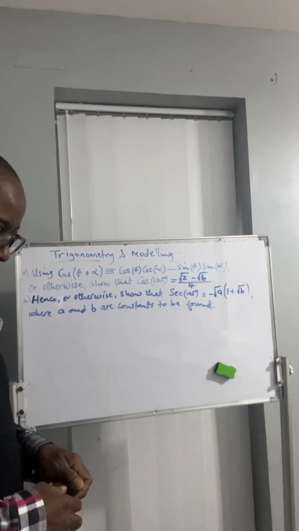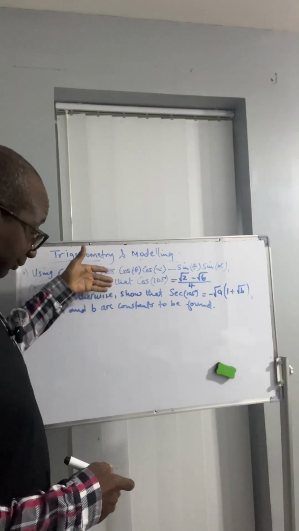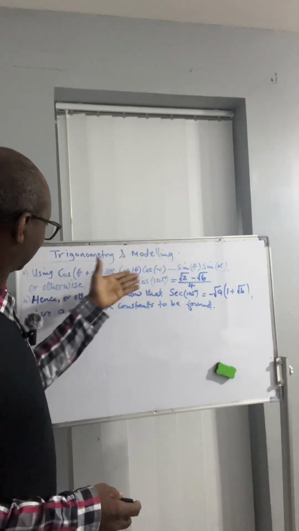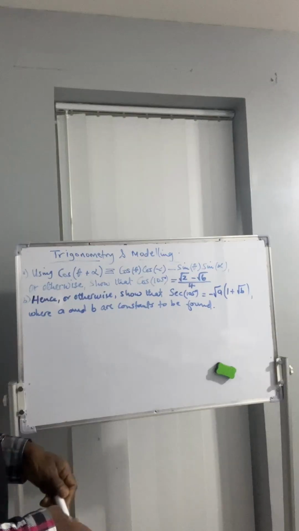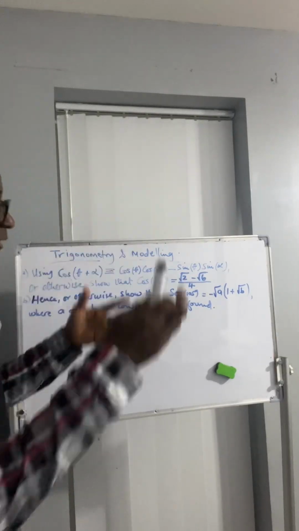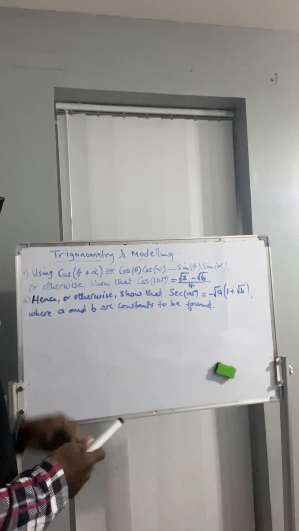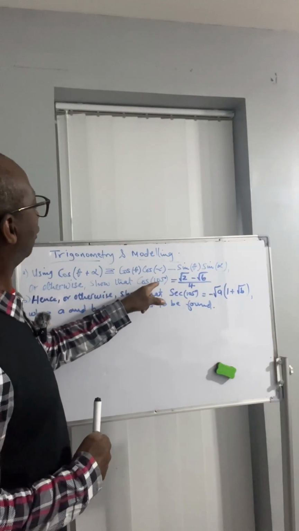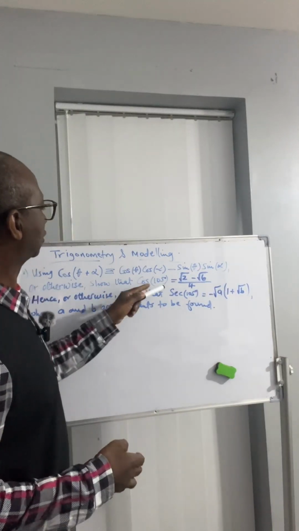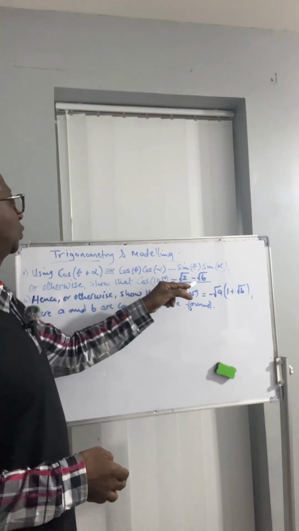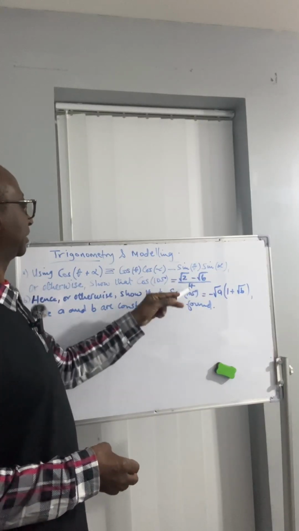This is the angle addition formula. So if you know other ones, that's what otherwise means. Show that the cosine of 105 degrees is equal to root 2 minus root 6, all divided by 4.